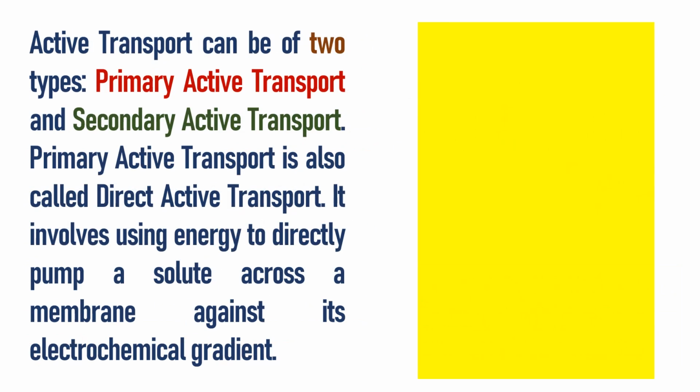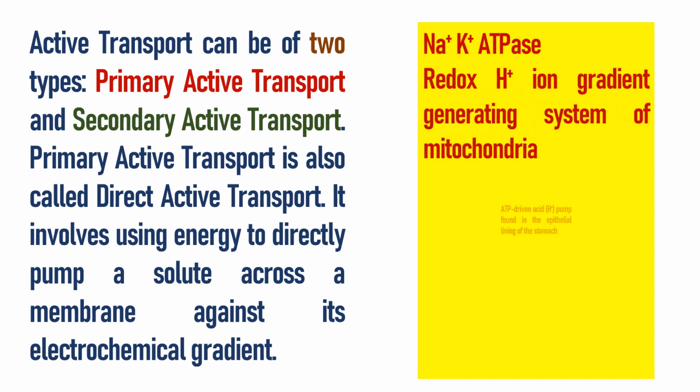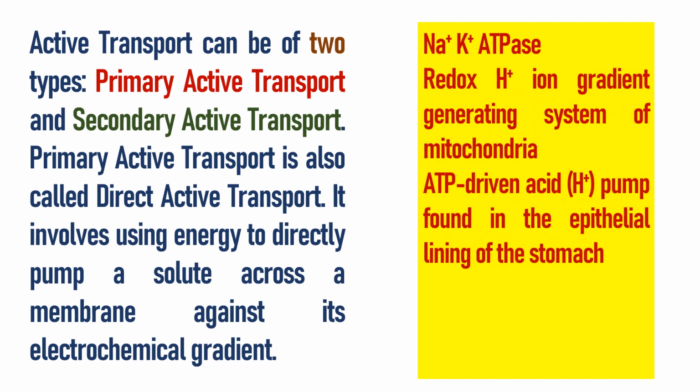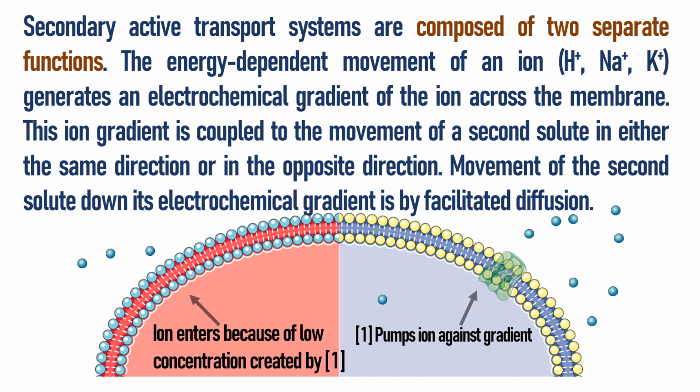Active transport can be of two types: primary active transport and secondary active transport. Primary active transport is also called direct active transport. It involves using energy to directly pump a solute across a membrane against its electrochemical gradient. Secondary active transport systems are composed of two separate functions.